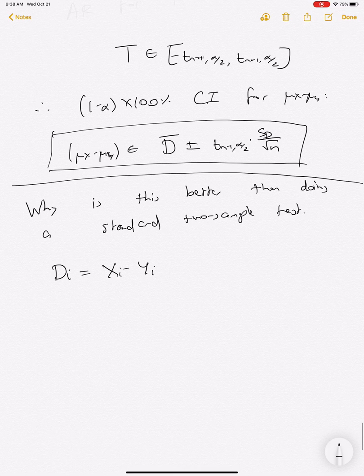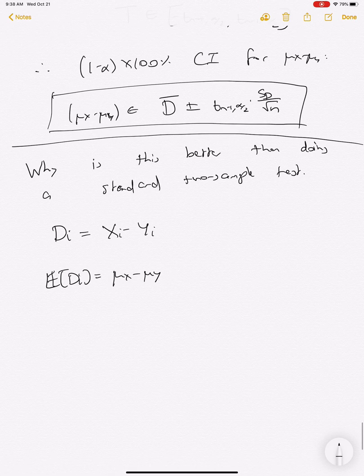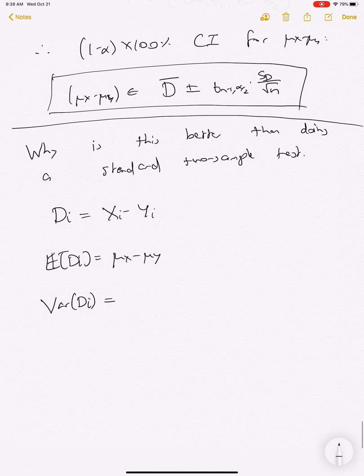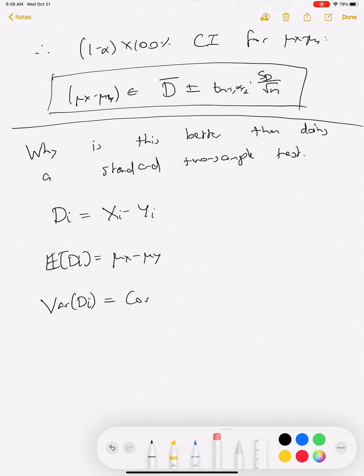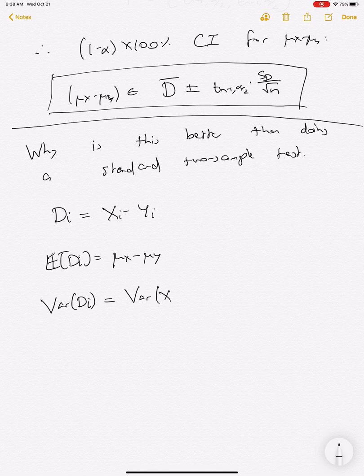So we know that the expectation of di is mu x minus mu y. But then if we look at the variance of di, I'll just write this out. It's the variance of xi minus yi. It's the variance of xi minus 2 times the covariance of xi, yi plus the variance of yi.